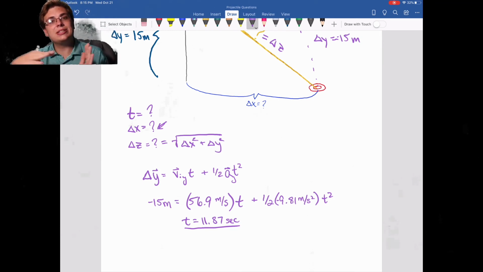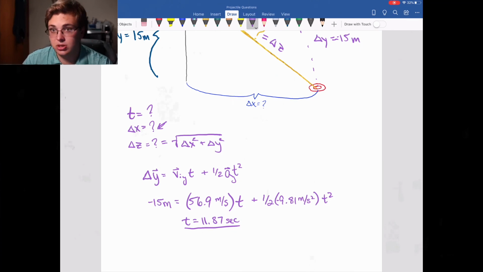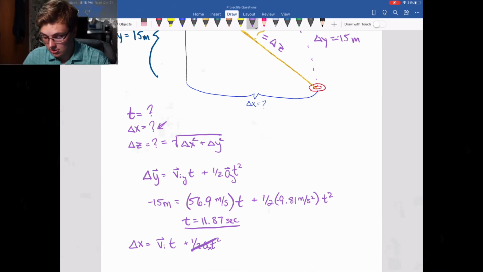Now how do we find our distance if we have our time? It's just as simple as that original equation: v_i times t plus 1/2 a t squared. Remembering that in the x direction, we don't accelerate. So we just have v times t.